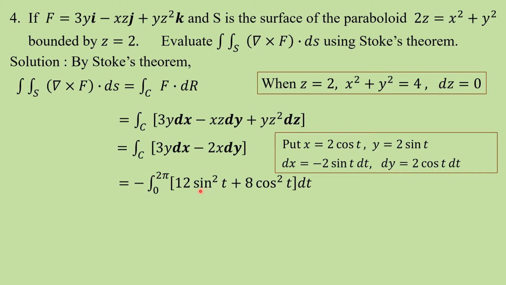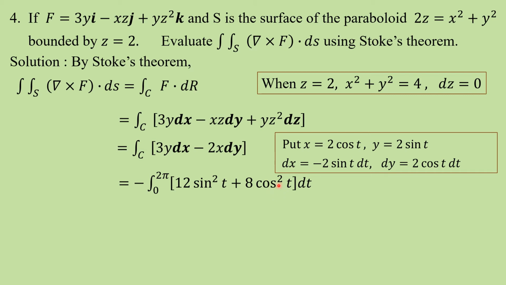So I can write it as 2 times the integral from 0 to pi of 12 sin square t plus 8 cos square t. Again under the limit 0 to pi, the function is even because it is of even powers. Sin of pi minus t is sin t, cos of pi minus t is minus cos t, correct?